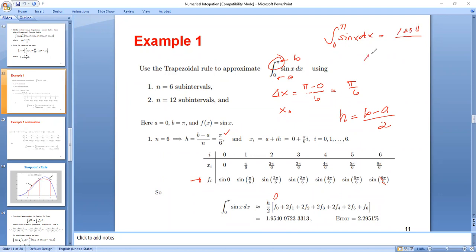You subtract the value you got, and you just need the positive answer. If it's negative, just make it positive. You need the absolute value divided by 1, 2, 3, 4 times 100. That's how you solve for the error: the actual value minus the value that you got here, divided by the actual value, times 100. So your error should be more or less in this range, 2%.